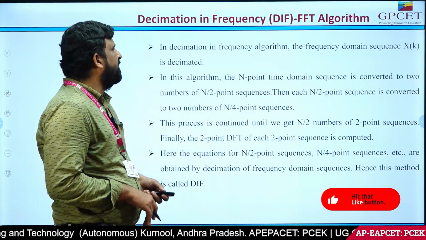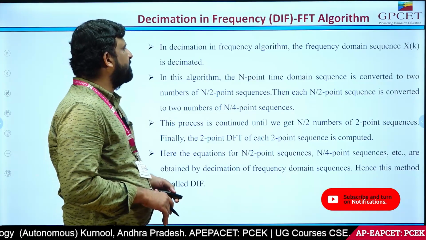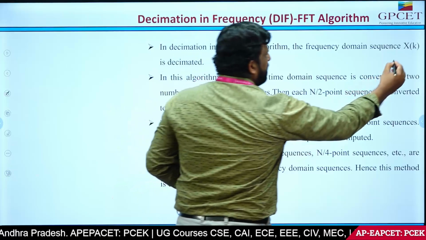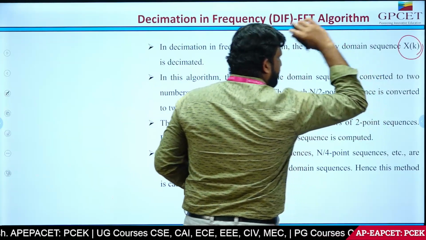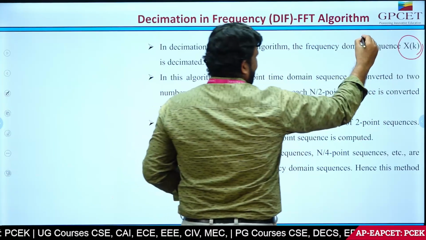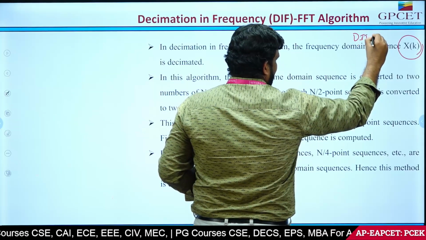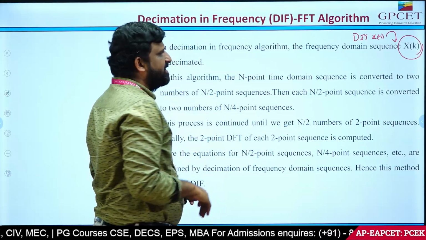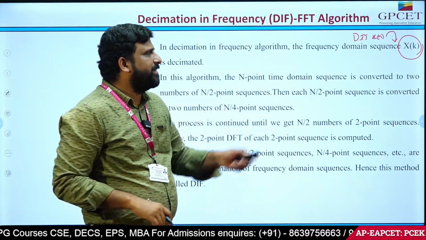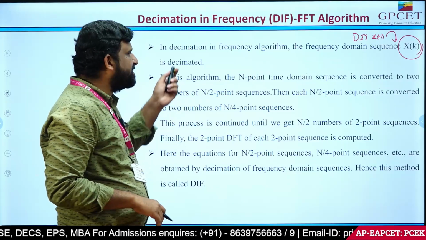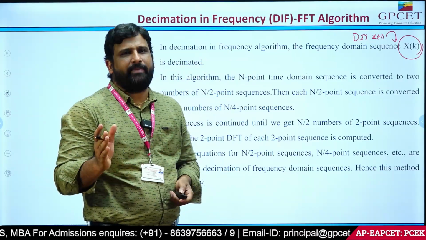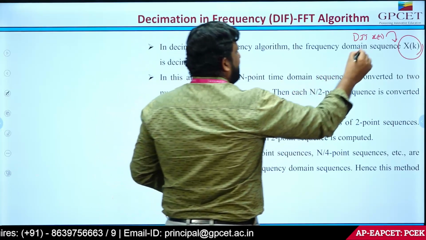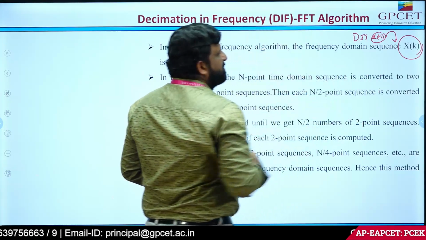In the decimation in frequency algorithm, the frequency domain sequence X of k, please observe this parameter, is decimated. In the previous section, on decimation in time, DIT, we decimated the time sequence, which is x of n.